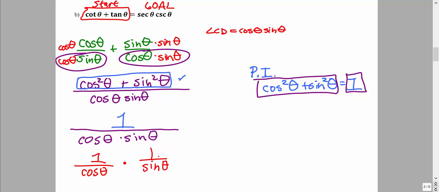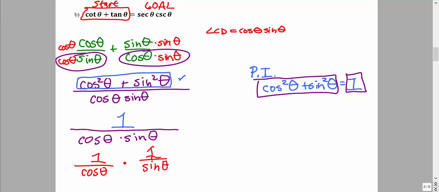Now you want to convince yourself that if you take that one single fraction and split it up into two single fractions multiplied together, and you multiply those two fractions together, you get back the fraction above it. So let's verify that. 1 times 1 would be 1. If I multiply across the bottom, I get cosine theta times sine theta. So I can get back to the previous step.